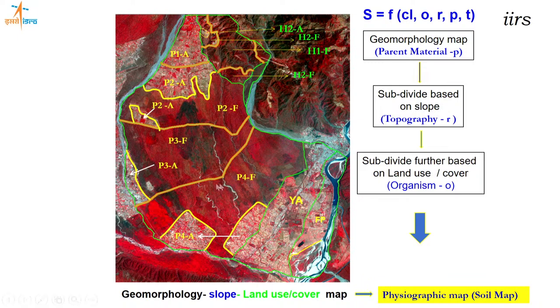So here if you see the entire area, this area has similar soils, because the entire area represents P4F, means lower Piedmont with forest cover, but this one is the lower Piedmont with agriculture, P4A. So in the entire area similar soils will be there. So any place you can take the soil samples where you can approach.